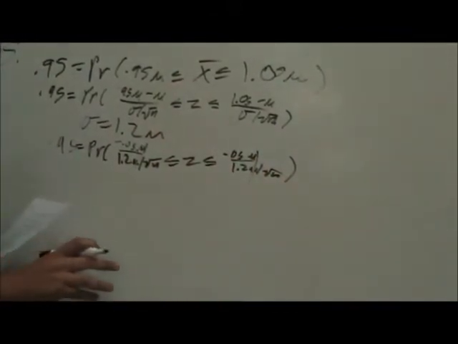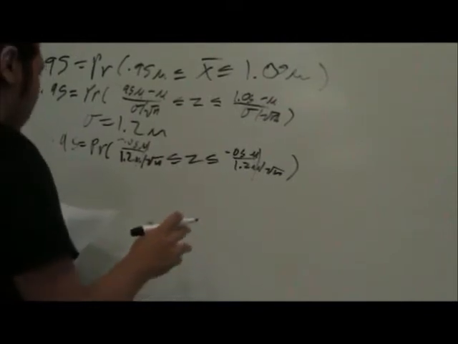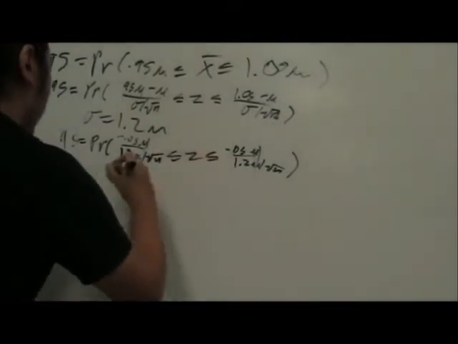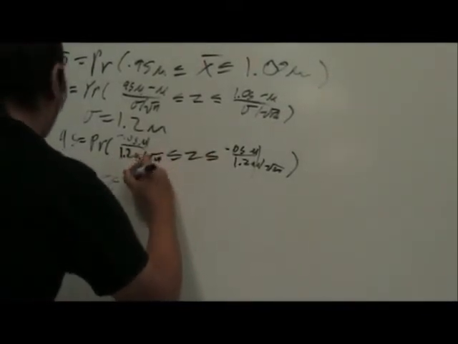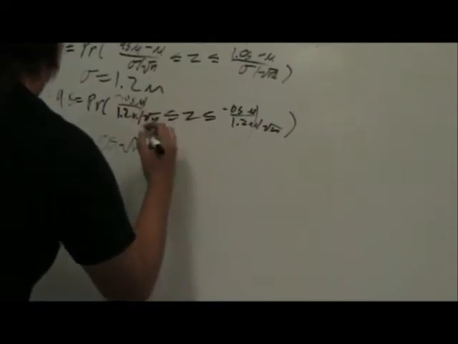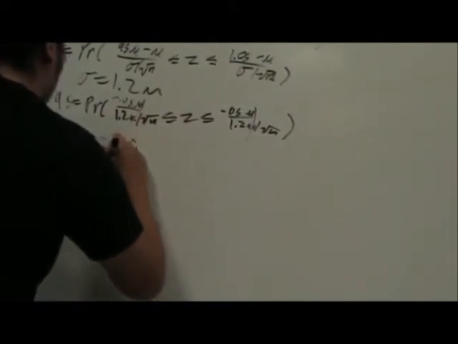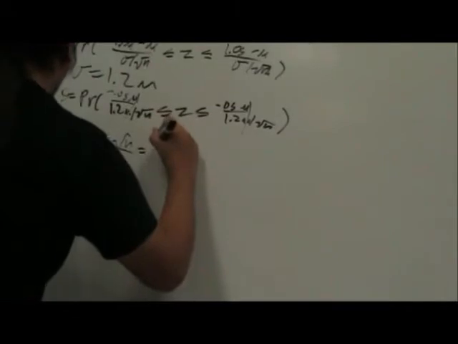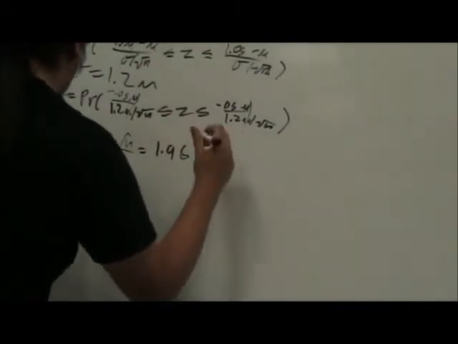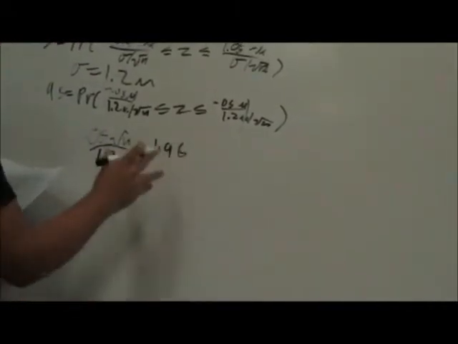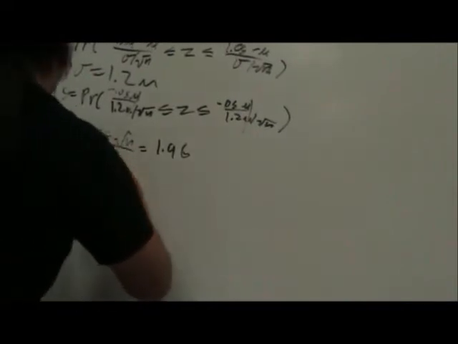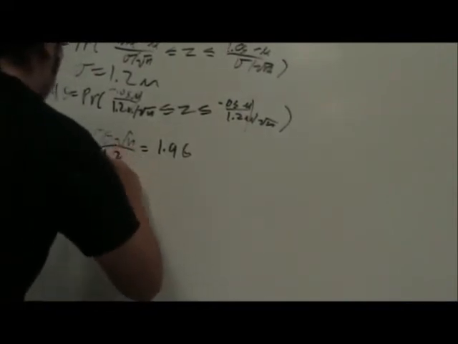And so you use a standard normal table, and you get that 0.05 square root of n over 1.2 is equal to 1.96, and then you solve for n, so I'll just do all the manipulations.